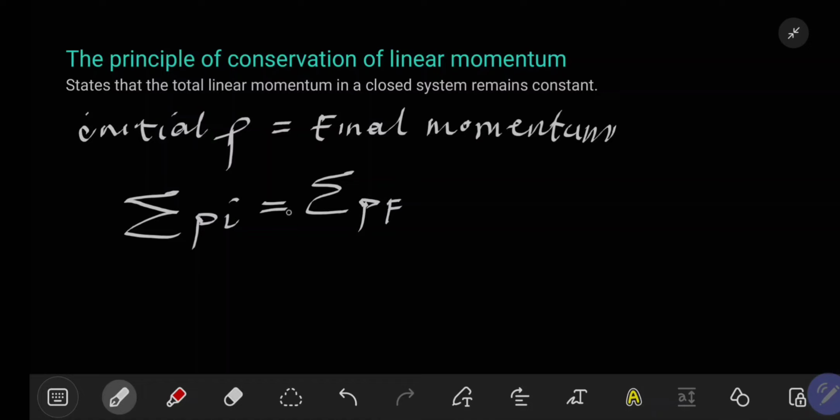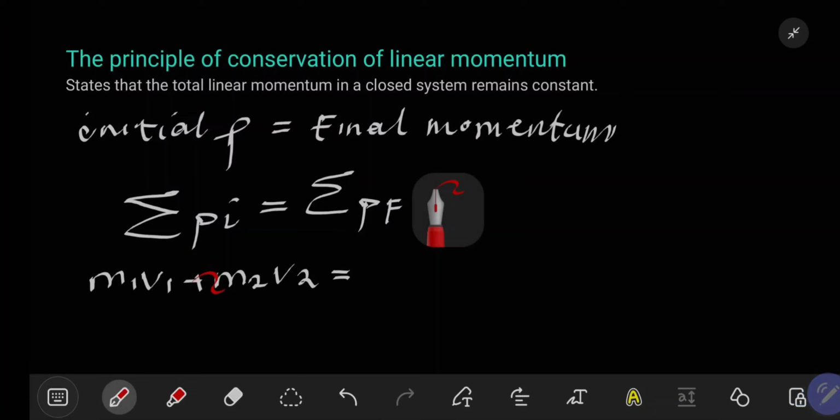When we expand this, we have mass 1 multiplied by velocity 1 plus mass 2 velocity 2, which is equal to, so this is the initial stage.